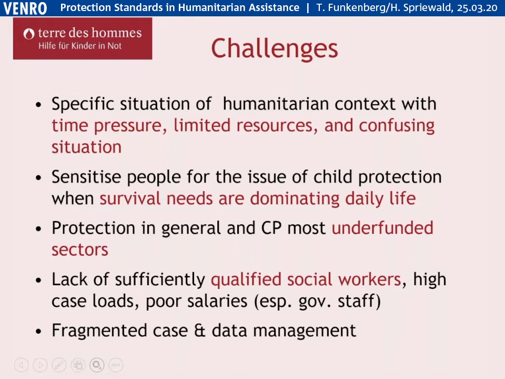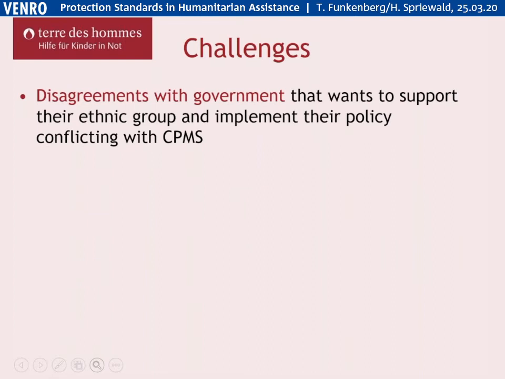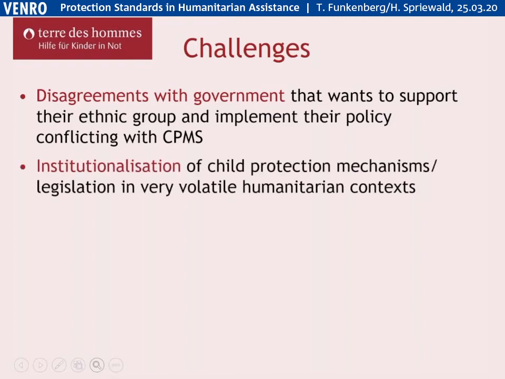For example, when INGOs change, we lose all the data of previous cases. Often we also encounter disagreements with governments because they have their own policy and maybe they are supporting one ethnic group, but we have a broader approach to support, of course, everybody. And they implement their policy, which is conflicting with child protection minimum standards.